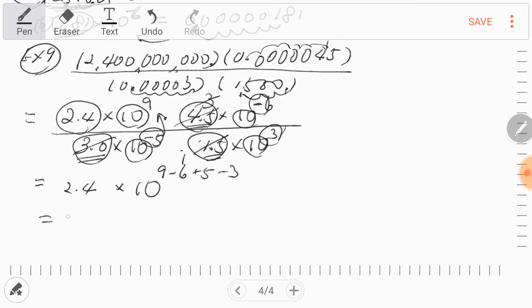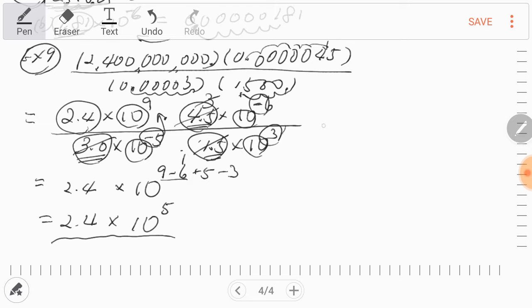So this is equal to 2.4 times 10 to the 9 minus 6 is 3, and 3 plus 5 is 8. 8 minus 3 is 5. So this is the scientific notation.